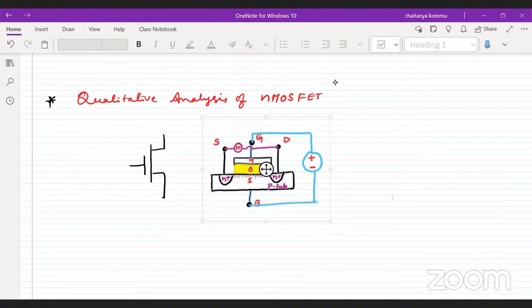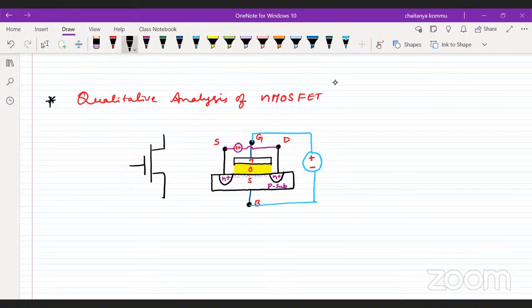We need to give names to the voltages between the terminals, whatever potential difference we are applying. So far, we have not given the names, just some voltage that we have applied here.